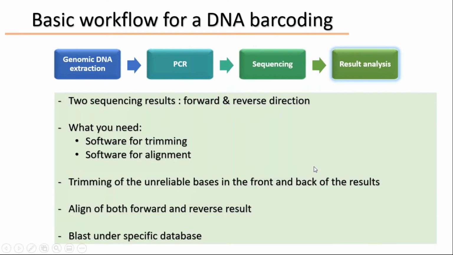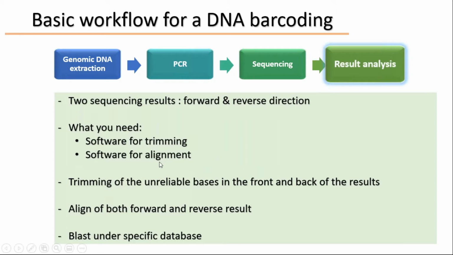Lastly is the result analysis. This is the most important part. When you obtain the sequencing result, usually there is a forward and reverse direction. What you need to do is trim the sequence and then perform the alignment, which can be carried out using some specific software.